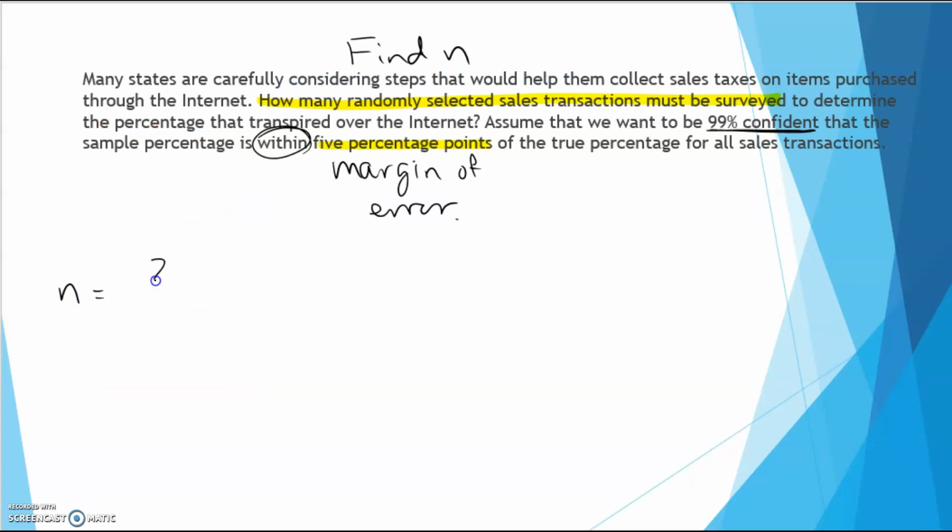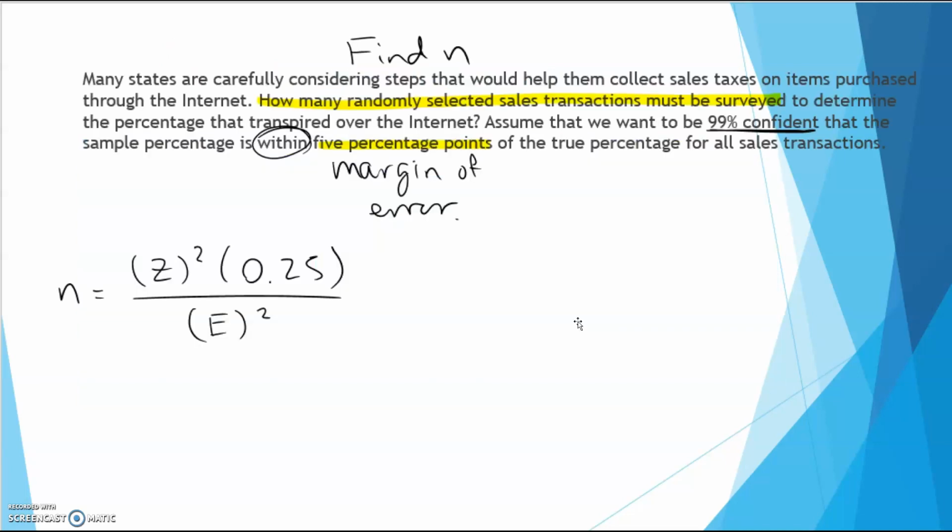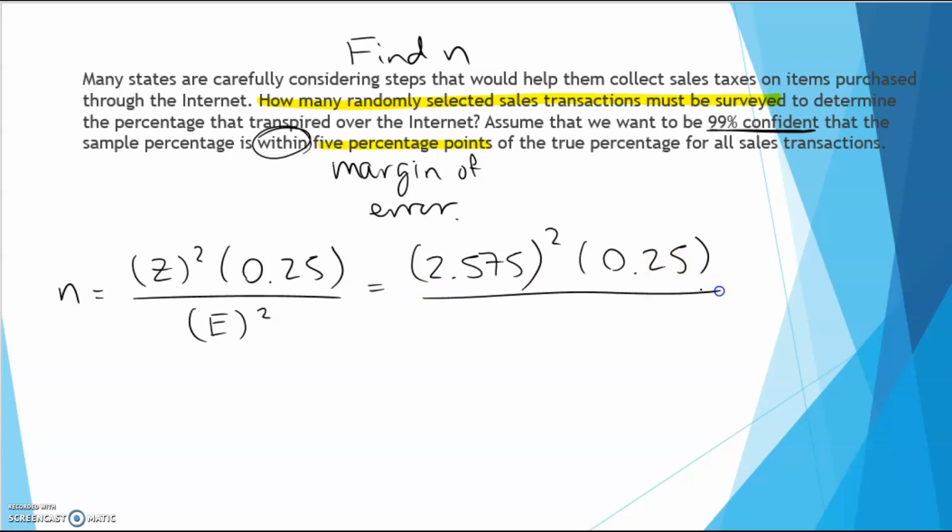Okay, so n is equal to z squared times 0.25 divided by your margin of error squared. Now we're looking at a 99% confidence level. So that's going to be 99. My z value or my critical value is going to be 2.575. 2.575 squared, times 0.25 divided by, okay, they said 5 percentage points.